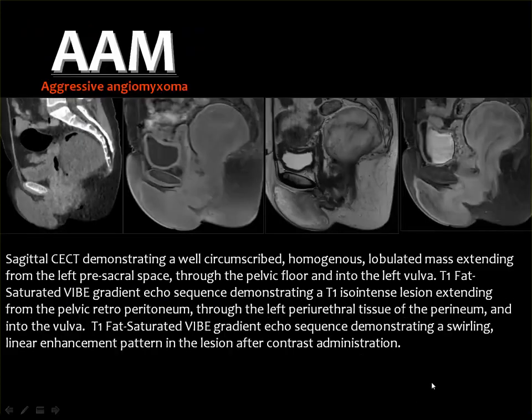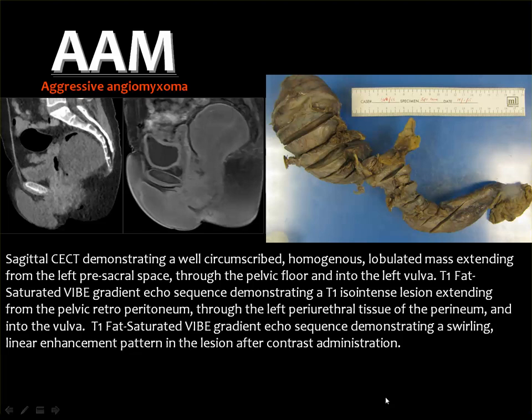And this is also another example of aggressive angiomyxoma. And you go to the CT images, where the characteristic appearance will not be seen, and on the CT images you cannot appreciate the type of the tumor.